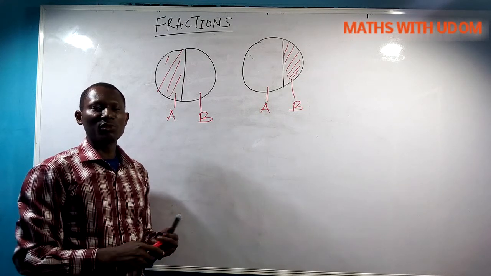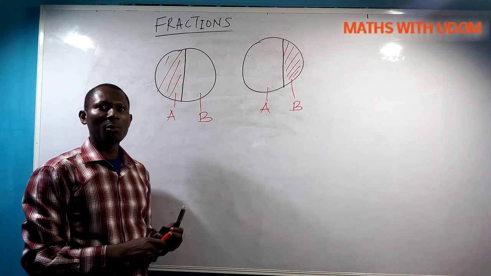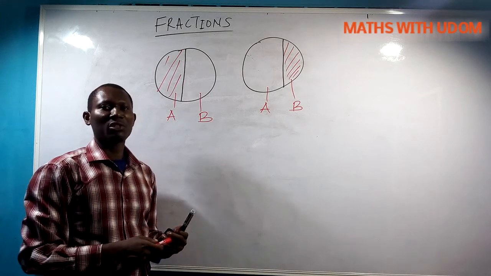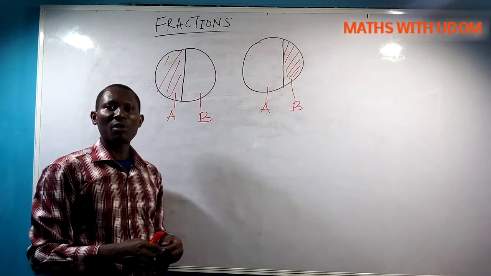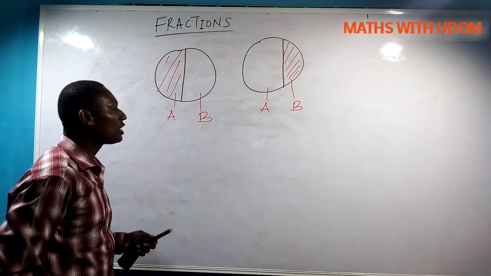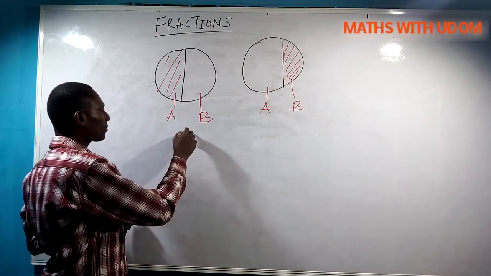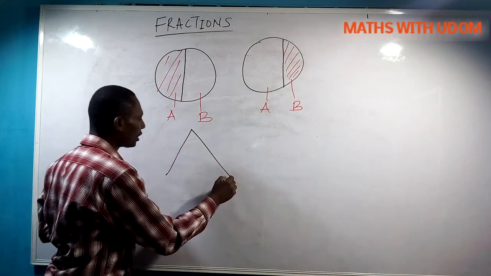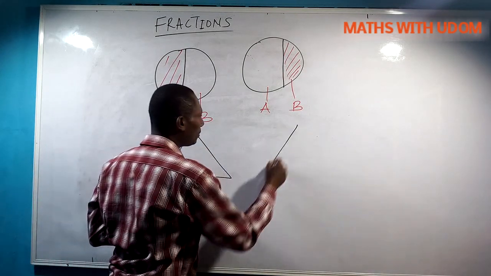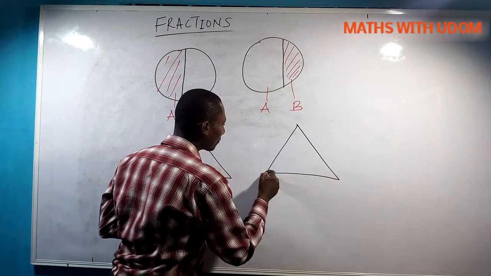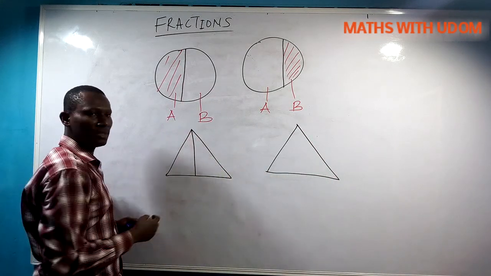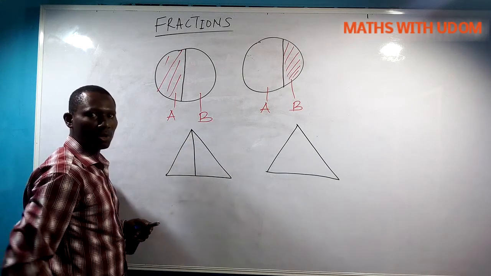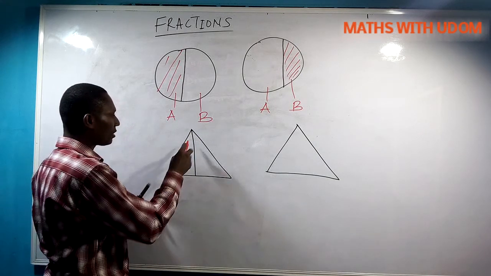Is that okay? That is very, very important. It's one of the cogent rules in fractions, especially the pictorial representation of fractions. The same thing goes if you are trying to draw a triangle. The first triangle, you divide into 2 equal parts. Then you have obeyed the rule of fraction by shading this side.